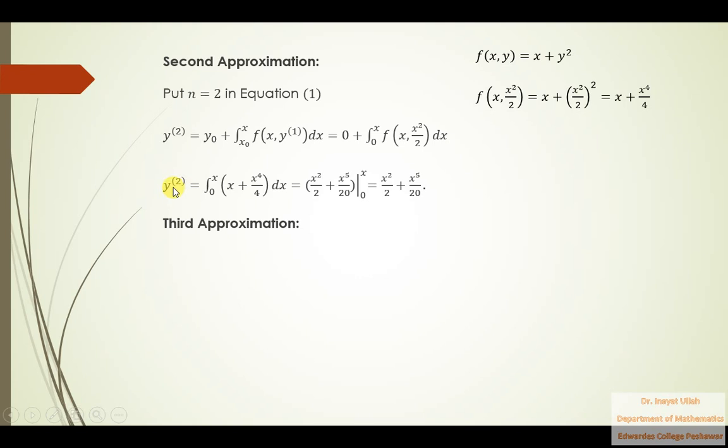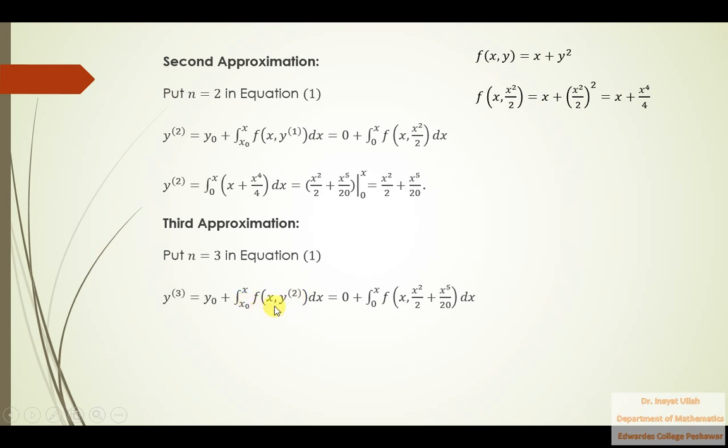Remember that. And the last one is we need to find the third approximation, and for the third approximation we need to put n is equal to 3 in Picard's formula in equation number 1. Whenever you replace n by 3, the left side will become y3 is equal to y naught plus the integral from x naught to x of function of x comma y n minus 1. n is equal to 3, so that will become 2.